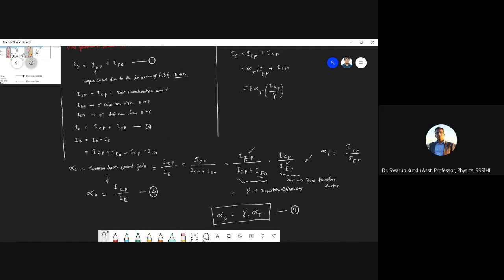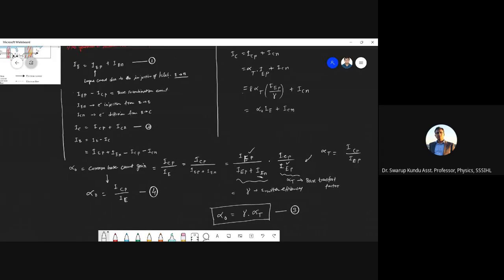We're just multiplying gamma in the numerator and denominator in the equation, plus ICN. We already got this actually from this equation, but anyway, they are all linked.